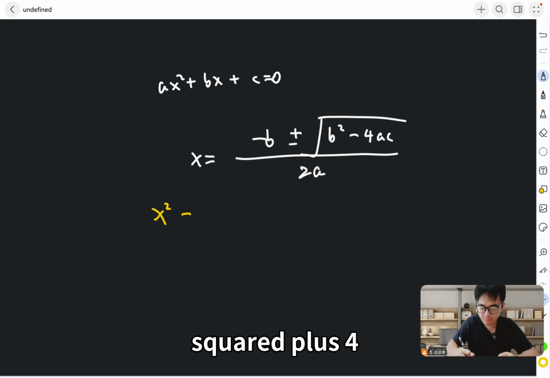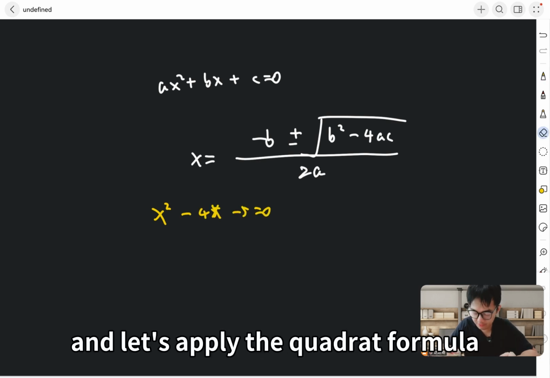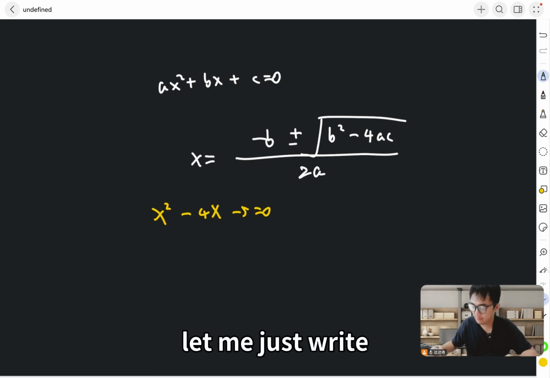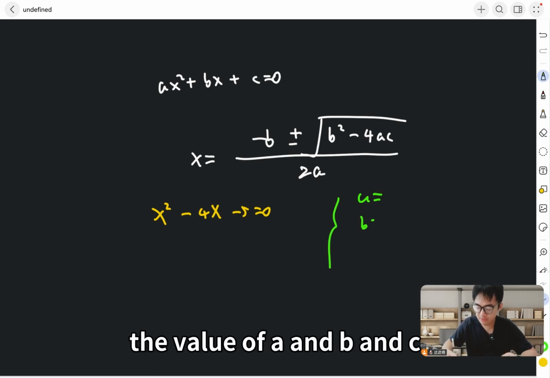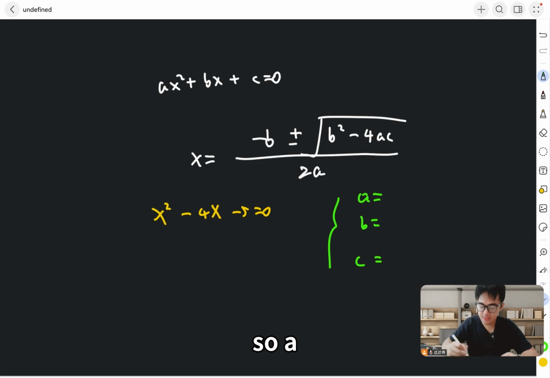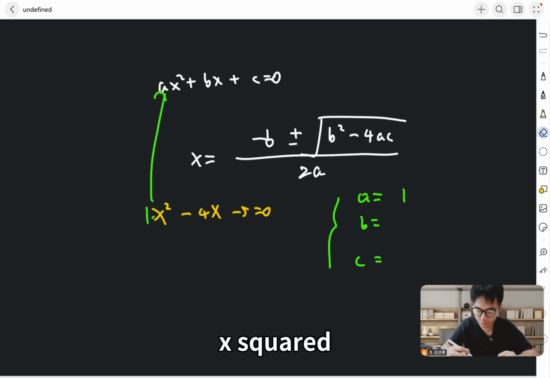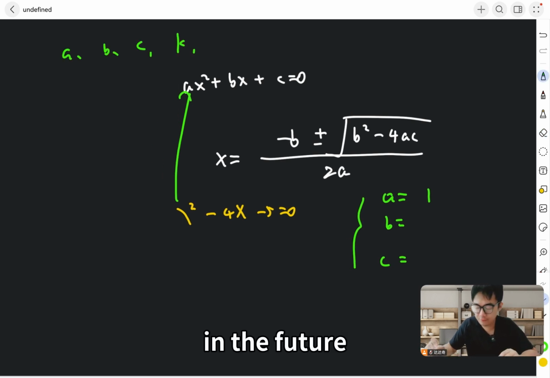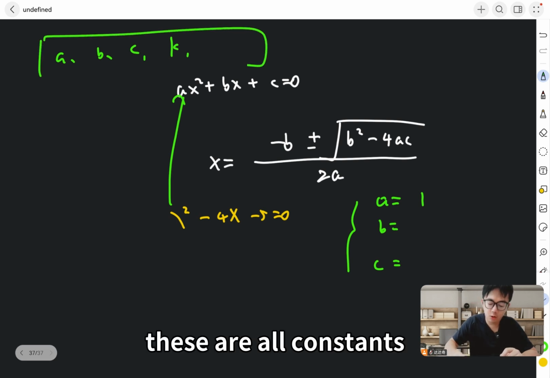x squared plus 4x plus 5 equals 0, and let's apply the quadratic formula. To be clear, let me write the values of a, b and c. So a corresponds to 1 because it's 1x squared. And you should remember, a, b, c, or k in the future, these are all constants.